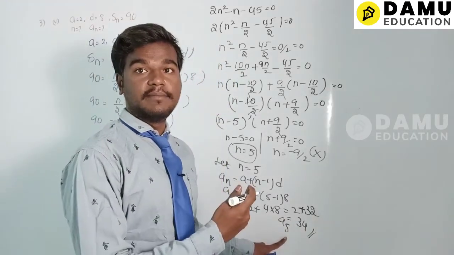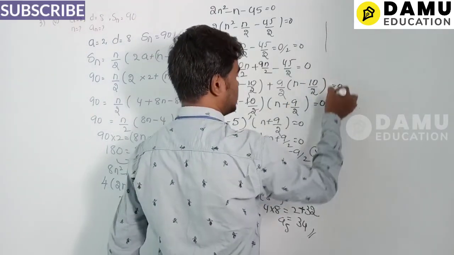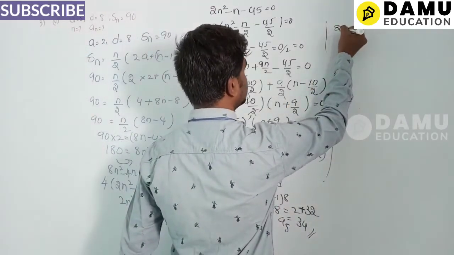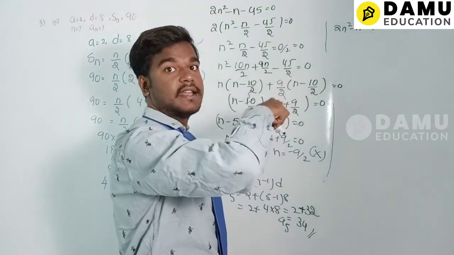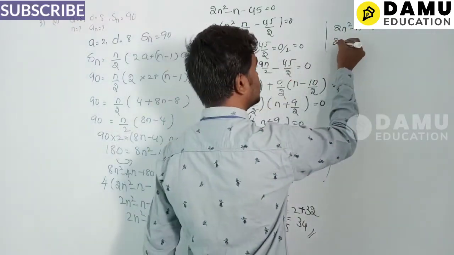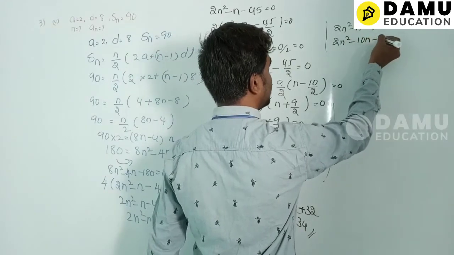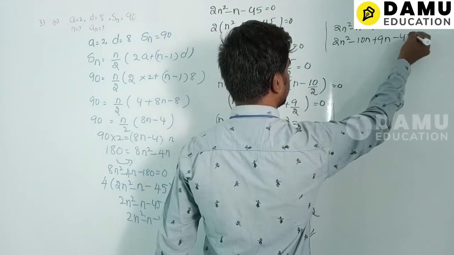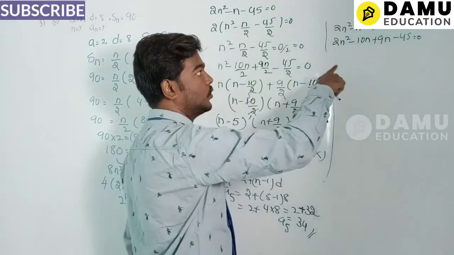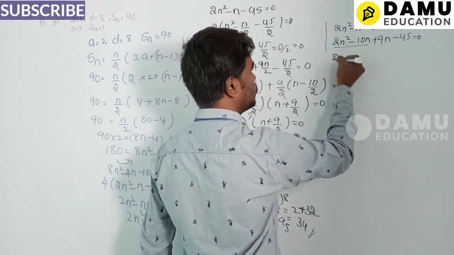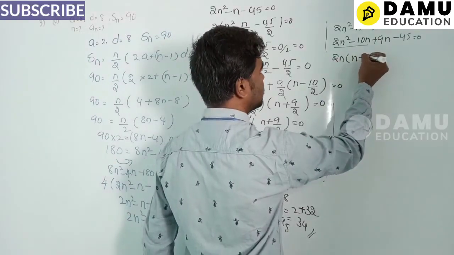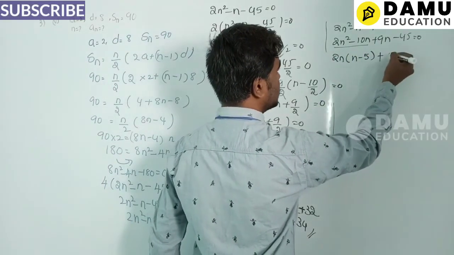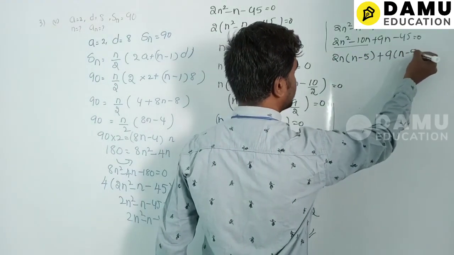You can go with another method, factorization. It is easy to calculate: 2n square minus n minus 45 will be equal to 0. So 2n square minus 10n plus 9n minus 45. Here from 2n square you can take 2n common outside, that is 2n into n minus 5, plus 9 common, n minus 5.